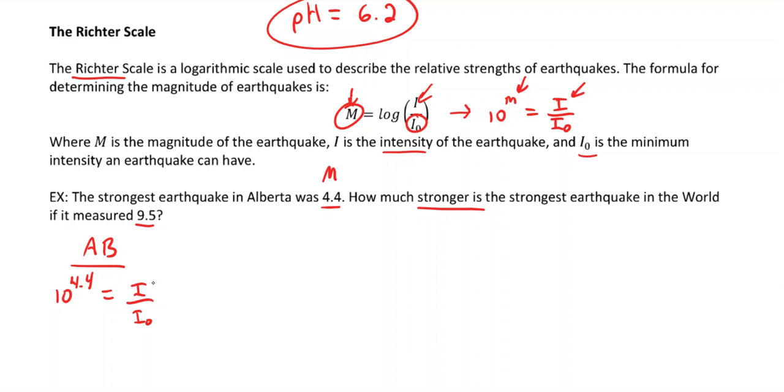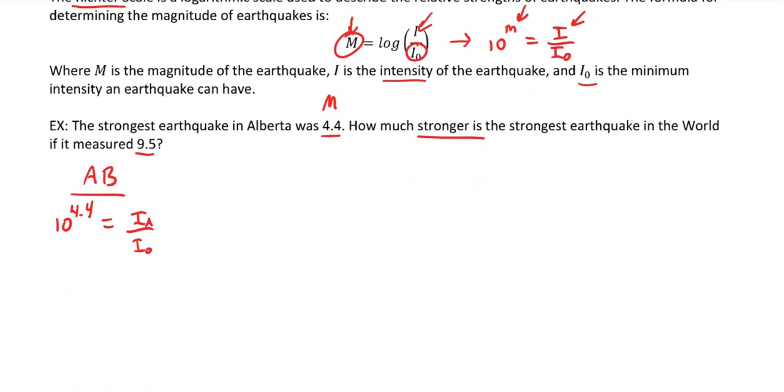And we should write this as I subscript A or something, so remember it's Alberta. Okay, so my little equation for Alberta, if I rearrange this, would just be the intensity for Alberta is going to be 10 to the power of 4.4 times IO. And we don't know what IO is, but you guys will see what happens here in a second.